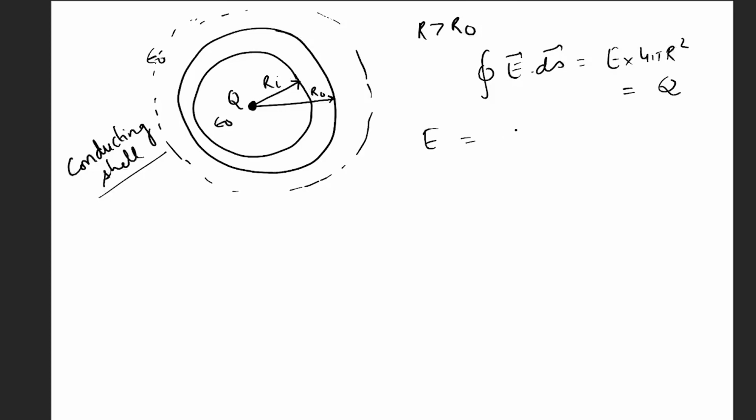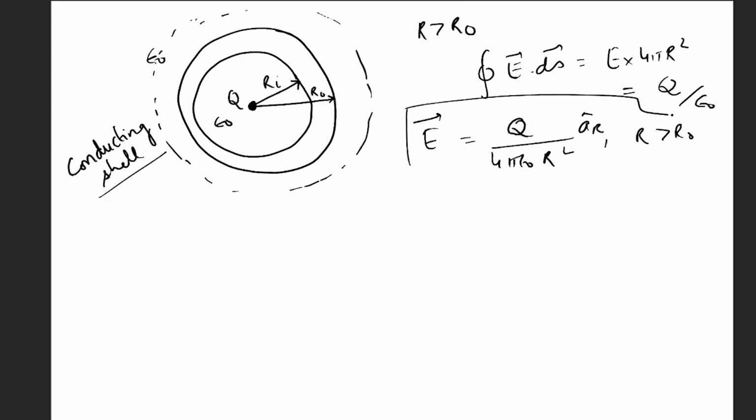So E is simply Q by 4 pi epsilon naught r square when r is greater than Ro, and the direction is simply the radial direction. So this is the first part. Now we need to find the potential at this point.